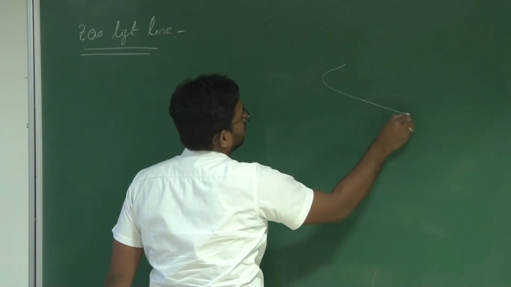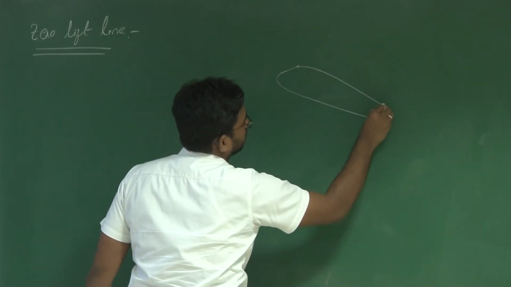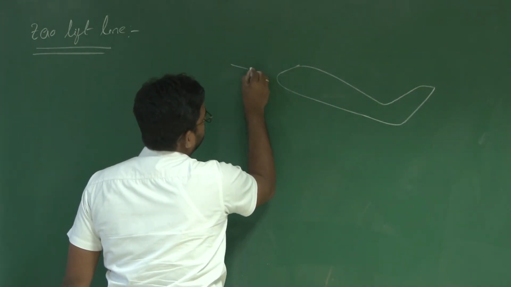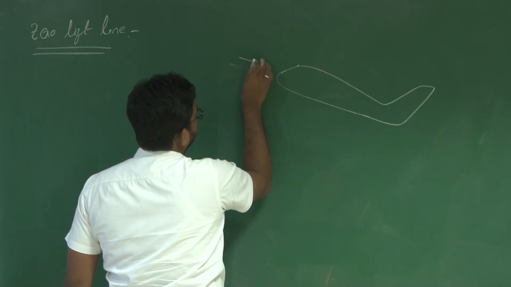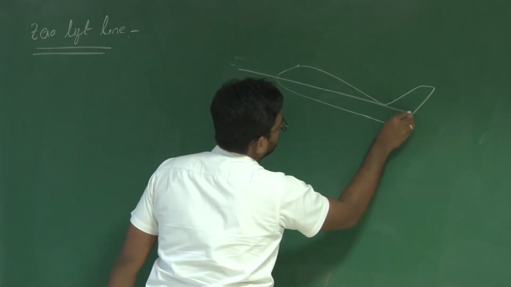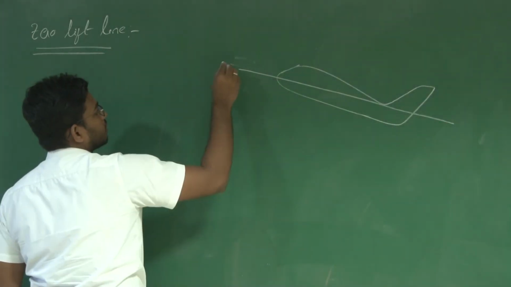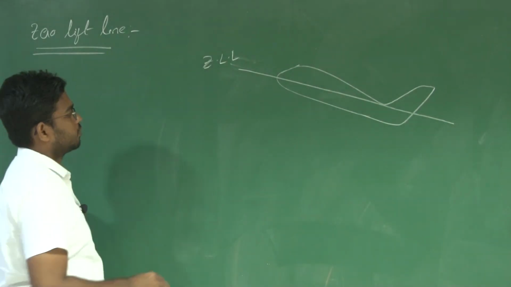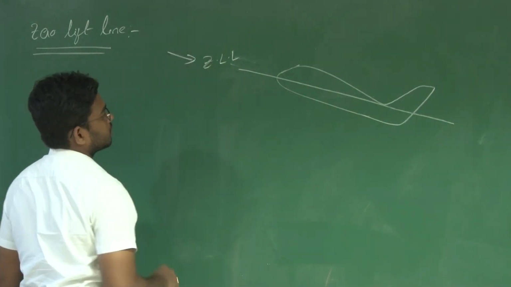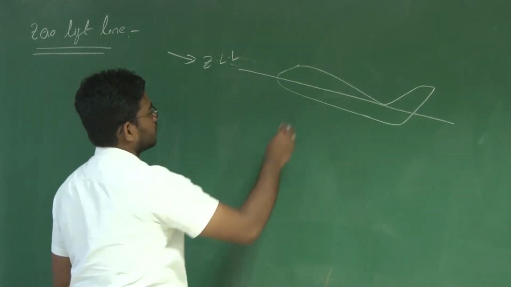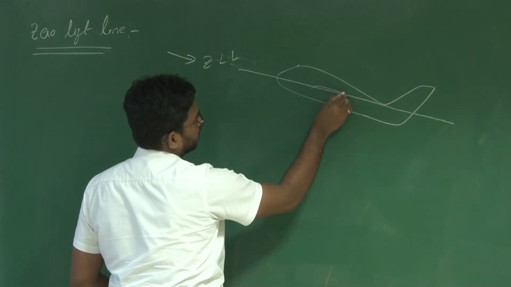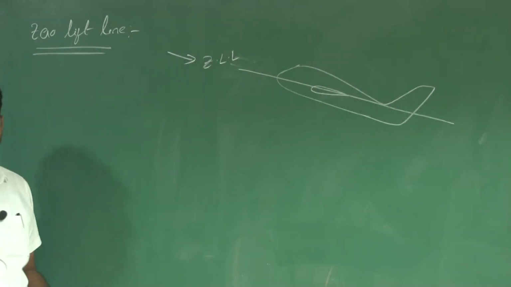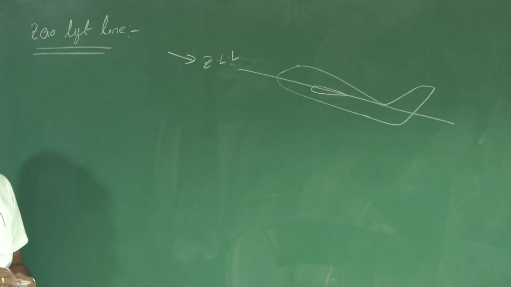Say I have an aircraft, and I say this is my zero lift line, right? What does it mean? If the flow is along this zero lift line, then there is no lift produced by this aircraft, right?